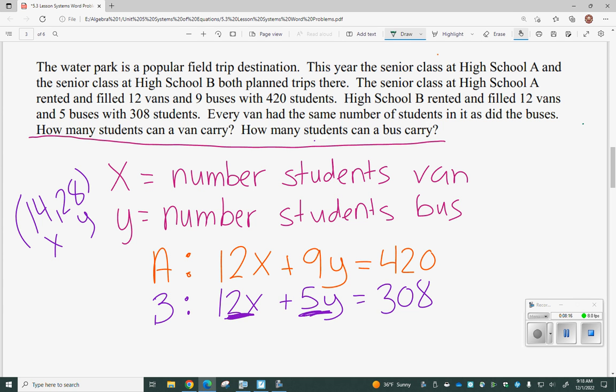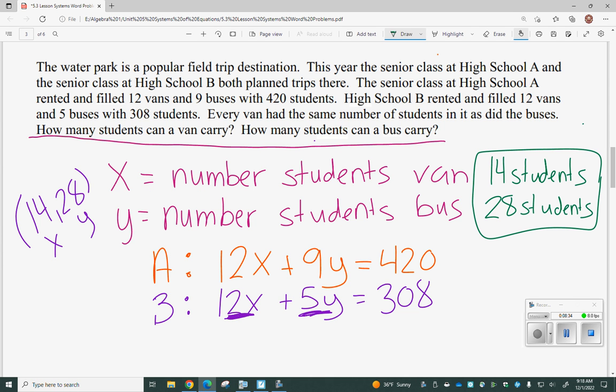And so we said x was the number of students in a van. So that means a van can hold 14 students. And we said that y was the number of students in a bus. That means a bus can hold 28 students. And that's what we were asked for when we started. We went to the end and figured out what we were going to be asked for. Now we have our answer.